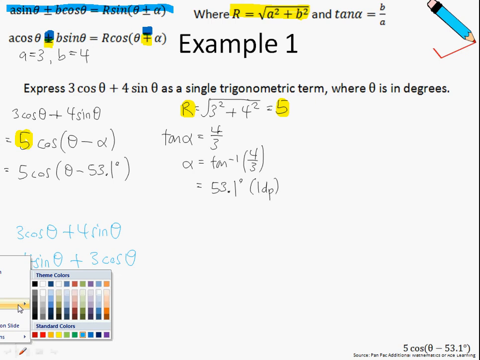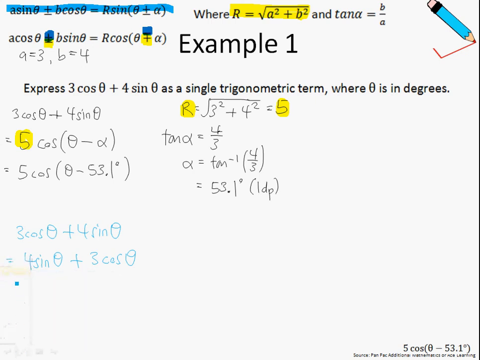Going back to this. In this case, using the first formula, R will be the square root of a square plus b square. Now in this case, my a becomes 4 and my b now is 3.